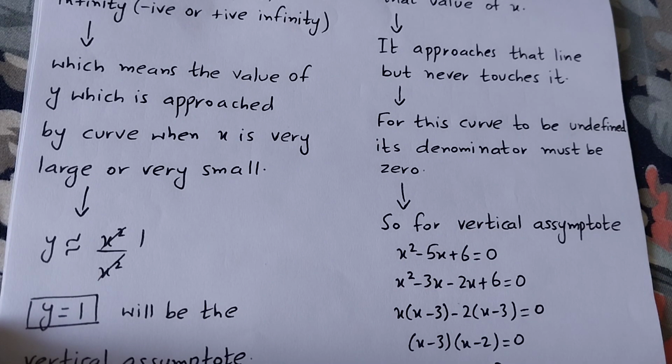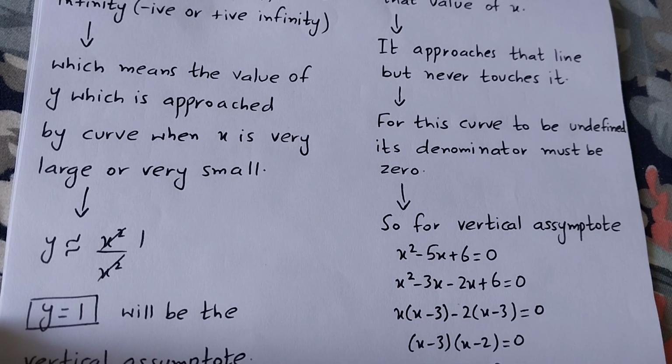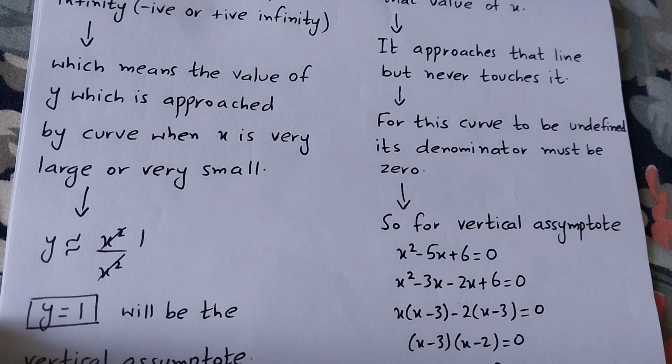So we'll take x common from the first two terms. When we take x common from the first two terms, we are left with x minus 3. And similarly, when we take minus 2 common from the last two terms, we are left with x minus 3. So now we can take x minus 3 common from both terms and we are left with x minus 2.